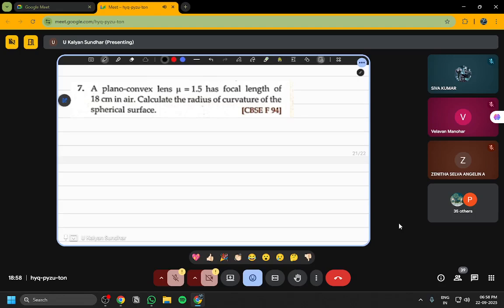Nine is the correct answer, sir. So 1 by 18 will be equal to 1.5 minus 1 into 1 by the first surface, which is R, and the second surface, which is at infinity. 1 will be infinity and the other surface will be the opposite sign, no? Minus of R. So from here you have to find out your R value. So R will be equal to plus 9 centimeters. Right?